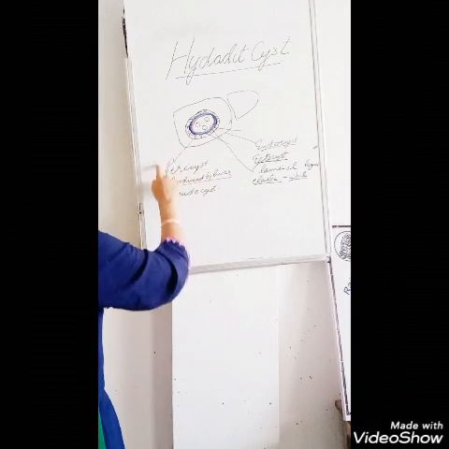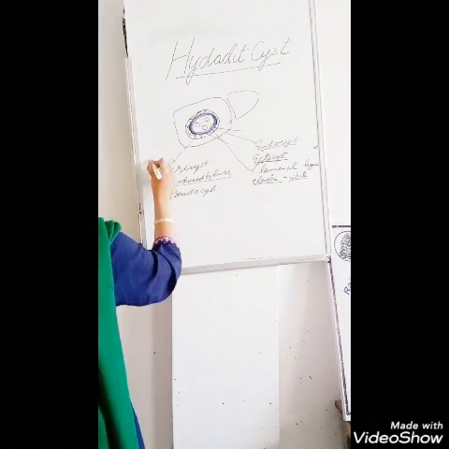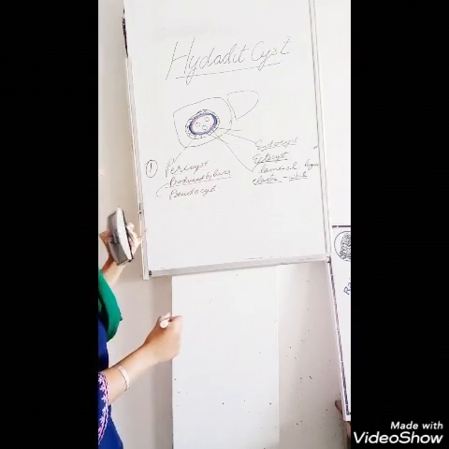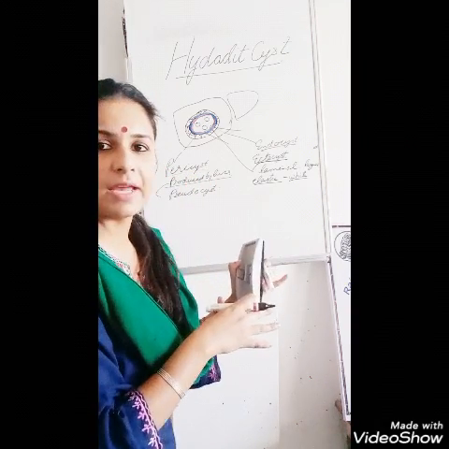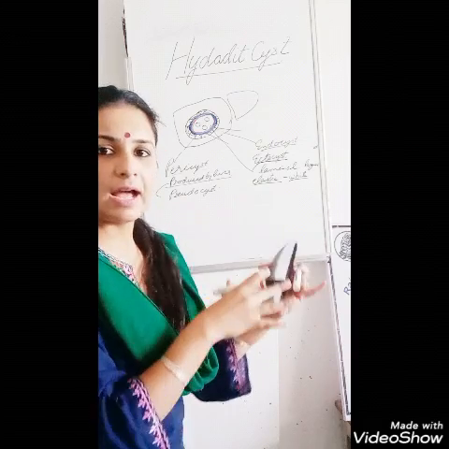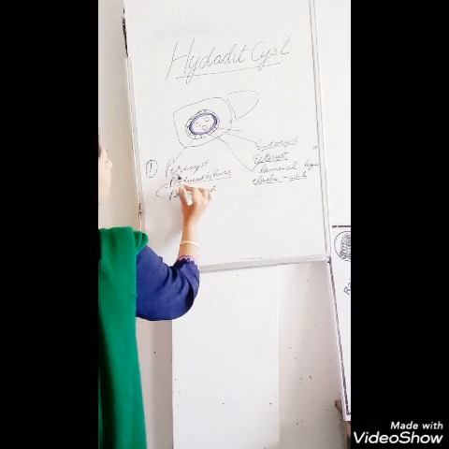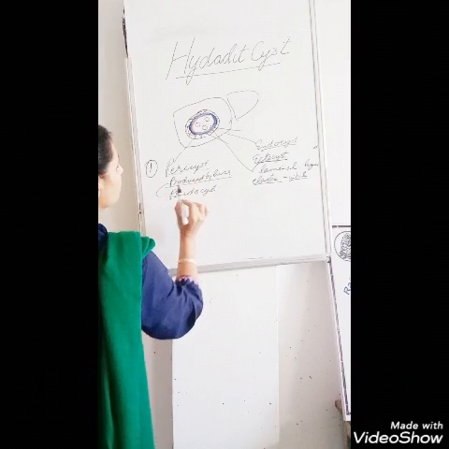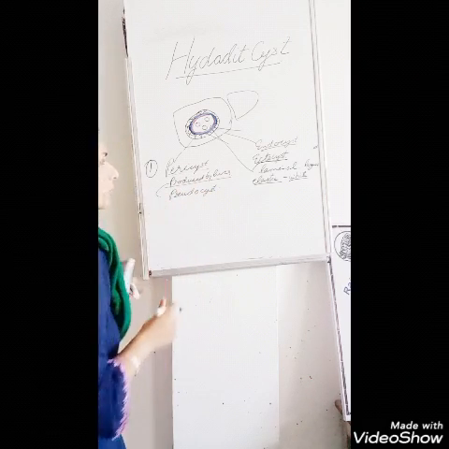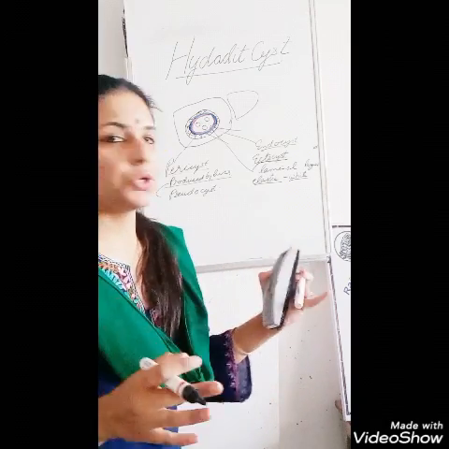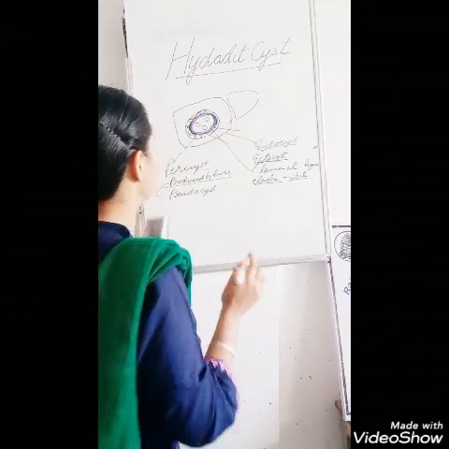Pericyst is the outer layer, formed by the liver in reaction to the parasite, in reaction to the larval stage, the hexacanth embryo. The liver has produced the pericyst, a thick fibrous tissue layer composed of fibroblasts, mononuclear cells, eosinophils and giant cells.